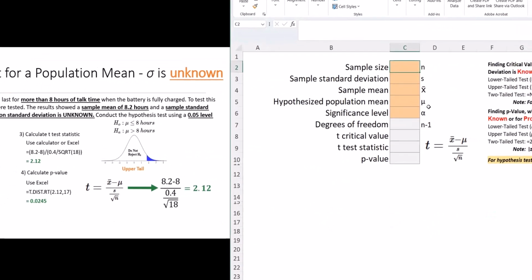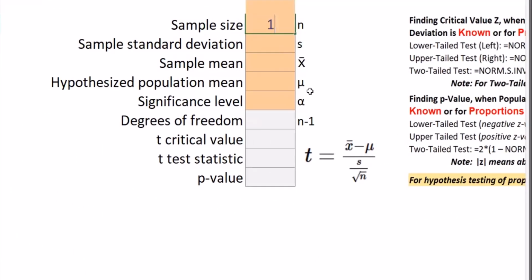Let's plug in the sample size of the 18 phones. Sample standard deviation, 0.4. The sample mean is 8.2. The hypothesized mean is going to be the 8, and then our significance level is 0.05.